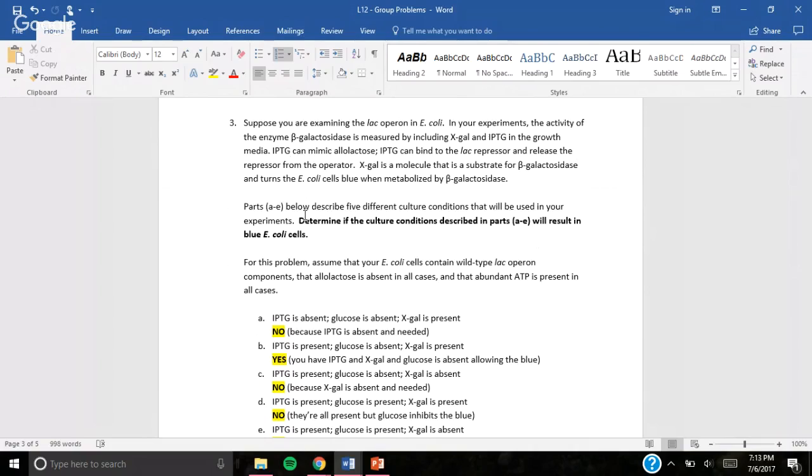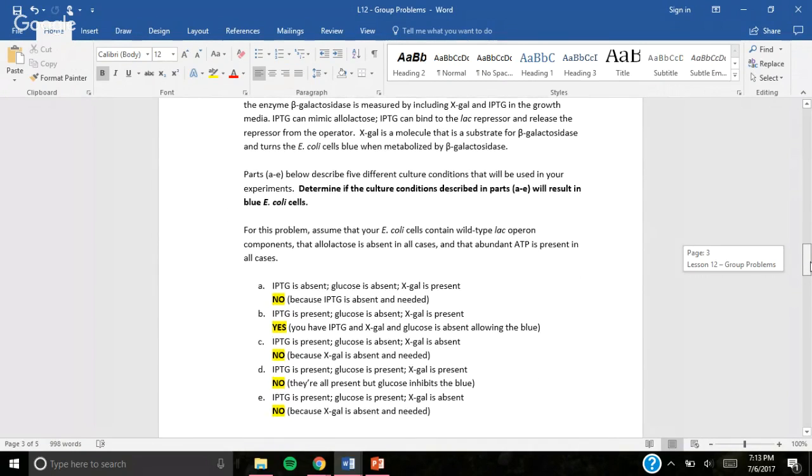So for A, I put that there will be no blue because the IPTG is absent, and that is needed for the metabolism. For B, I put yes because you have the IPTG and you also have the X-gal, and glucose is absent, so it doesn't inhibit the metabolism. For C, I put no because X-gal is absent and you need that.